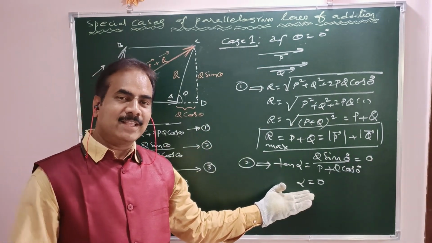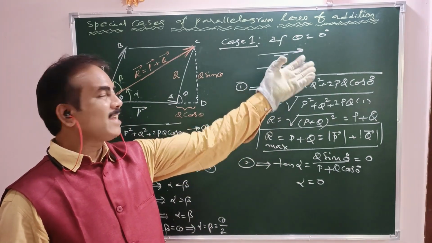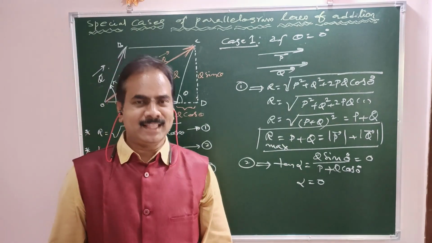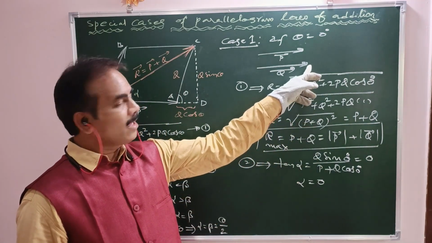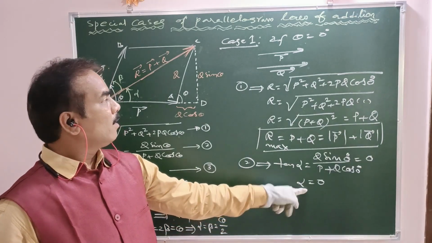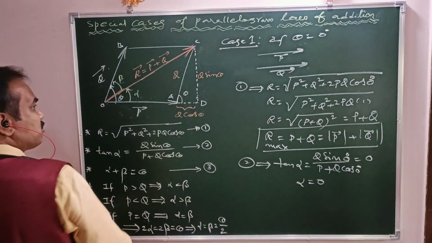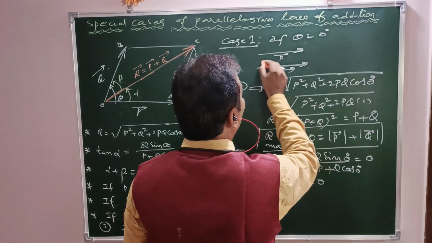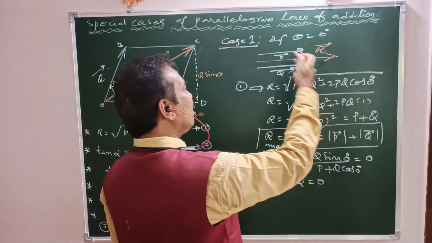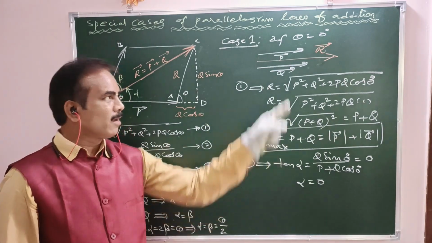With this orientation, when the given vectors are parallel, we cannot construct a parallelogram while adding them. So the resultant is in the same direction as P bar and Q bar. All of P bar, Q bar and the resultant R bar are parallel to each other.